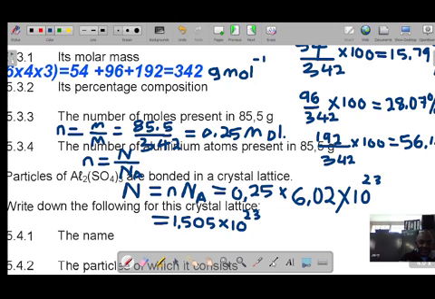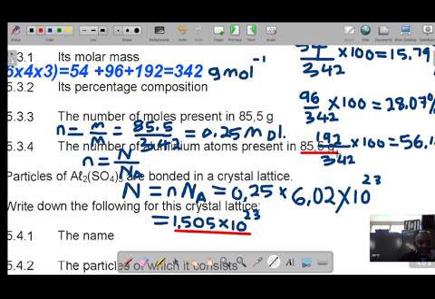Let me say it like this: if aluminium sulfate is a packet, there are as many as 1.505 times 10 power 23 packets of aluminium sulfate.